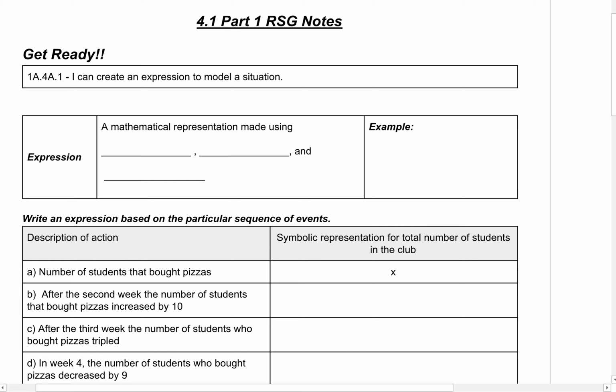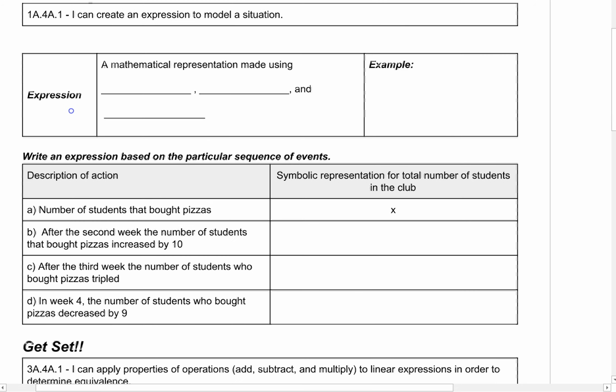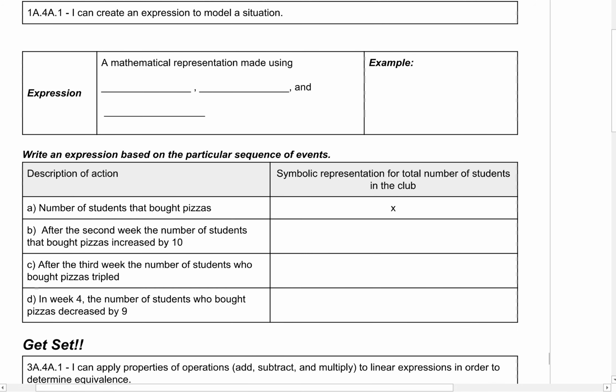We are in our very first section of Mod 4, and we're going to do some Ready, Set, Go notes. So here's our 4.1 Part 1 lesson. We've got an expression. An expression is a mathematical representation made using numbers, variables, and symbols.